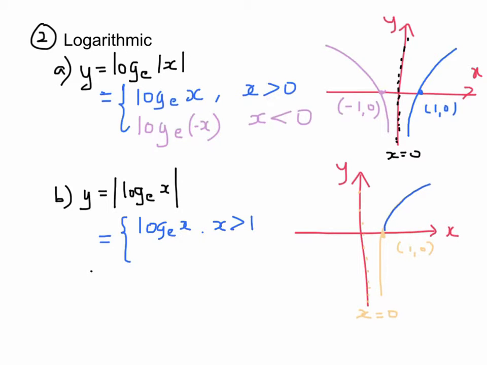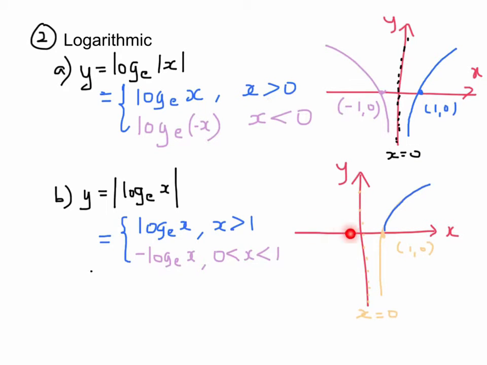For the other part, it's where the graph is negative, which is between 0 and 1 in the x values. So we write that as negative log e of x, where 0 is less than x is less than 1. And it's not defined anywhere else.